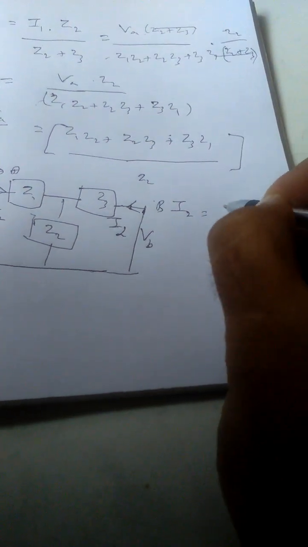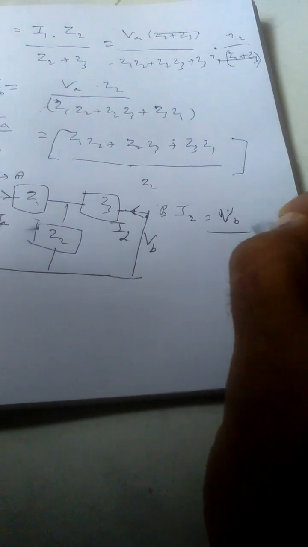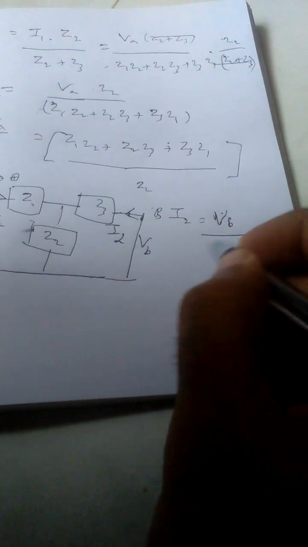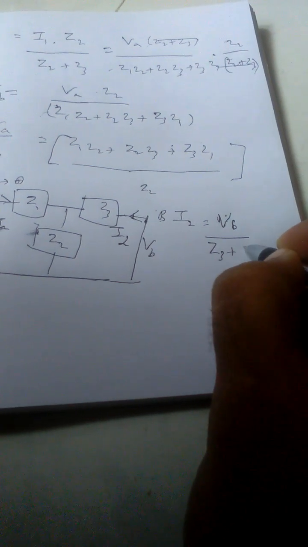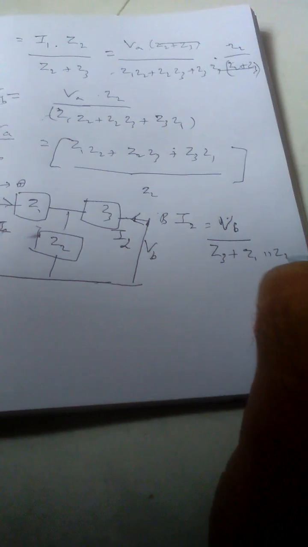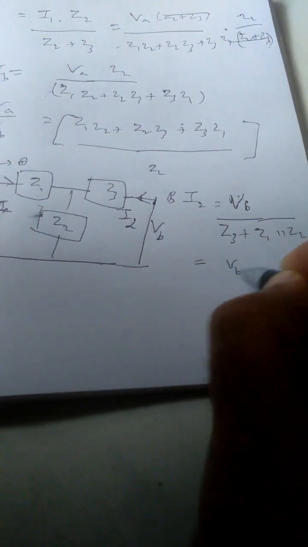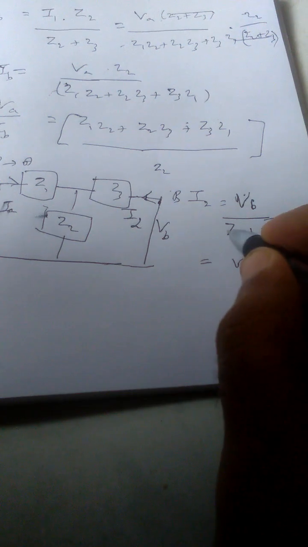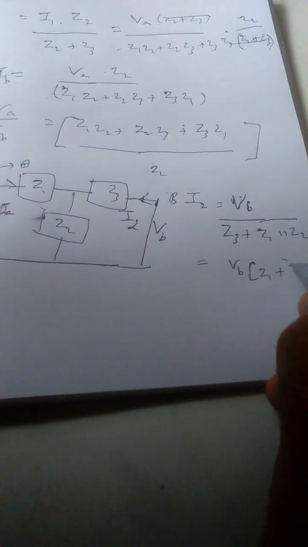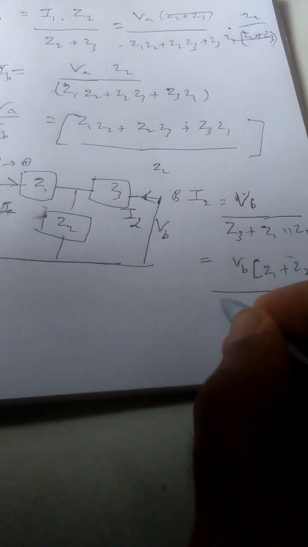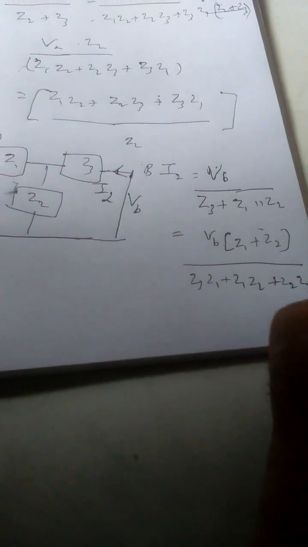Now the current I2, the total current across this network, is VB divided by Z3 plus Z1 parallel Z2, when you look from B to A. So VB into Z3 plus Z1 Z2 by Z1 plus Z2, cross multiplying, Z1 plus Z2 will come up, giving Z3 Z1, Z1 Z2, Z2 Z3.